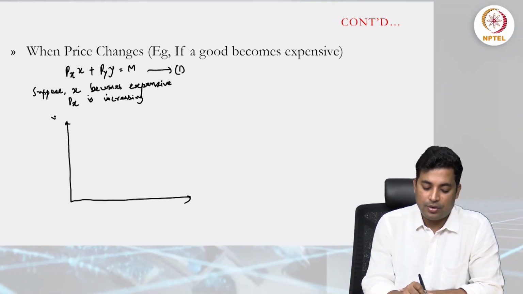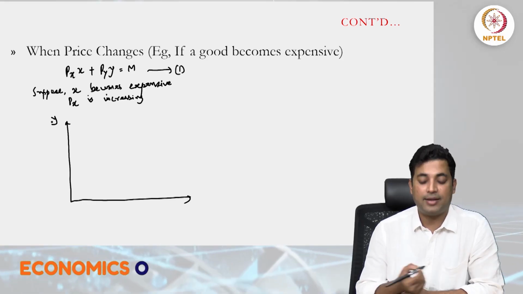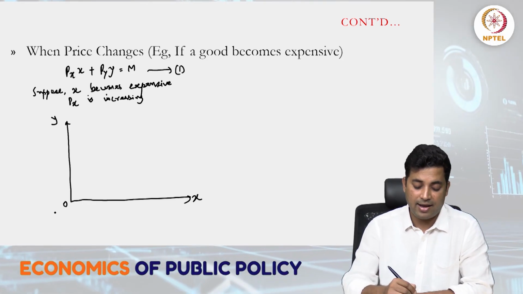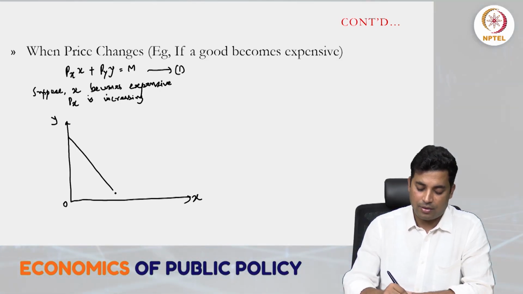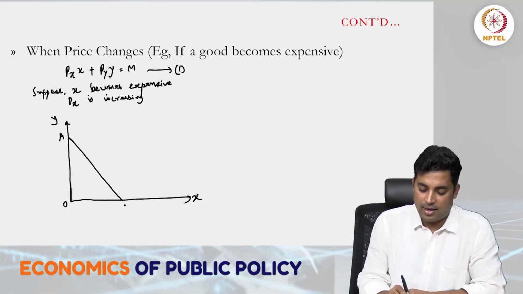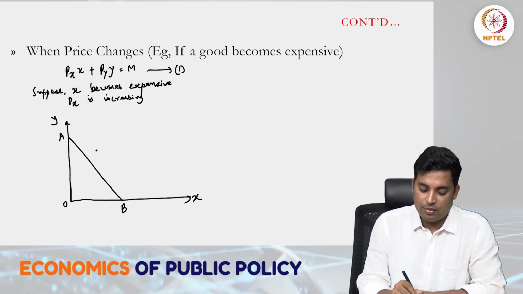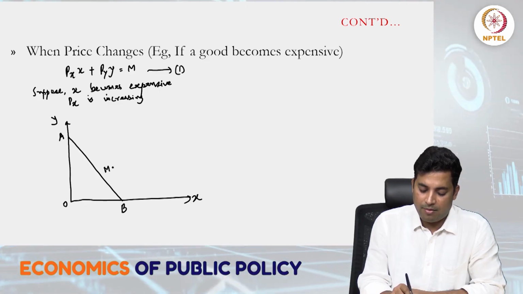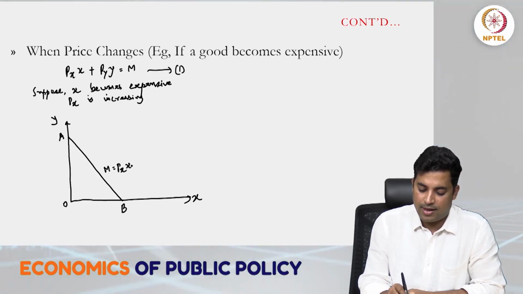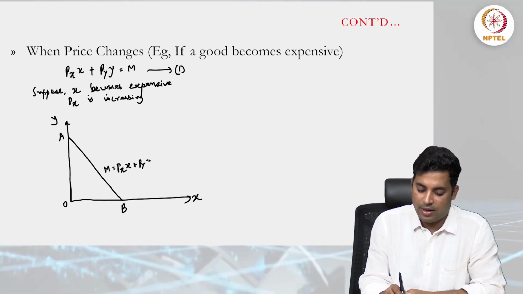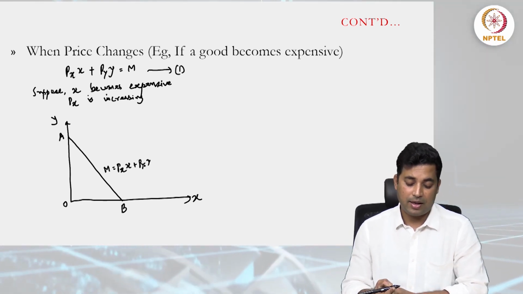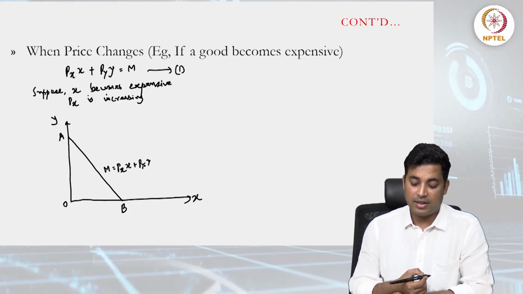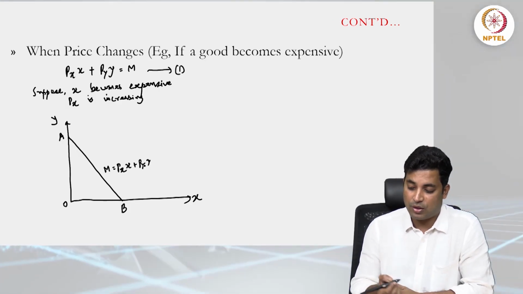graphically. So here on the vertical axis, again we measure Y, and on the horizontal axis we measure X, and this is our original budget line, AB, which represents M equals to Px x plus Py y, and then suppose Px increases, but other points remain constant.